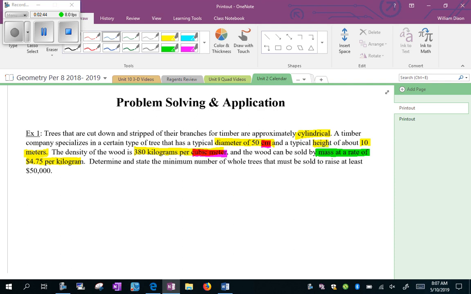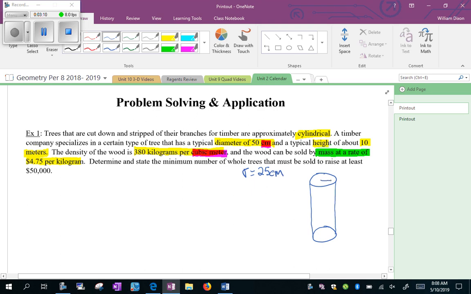The first thing I want to do is draw the tree. Not too bad. Okay, now our diameter is 50 centimeters, so we know the radius is 25 centimeters.